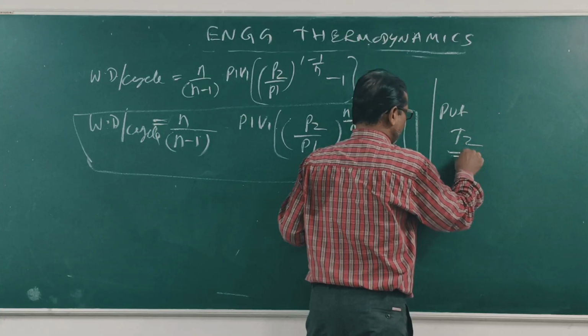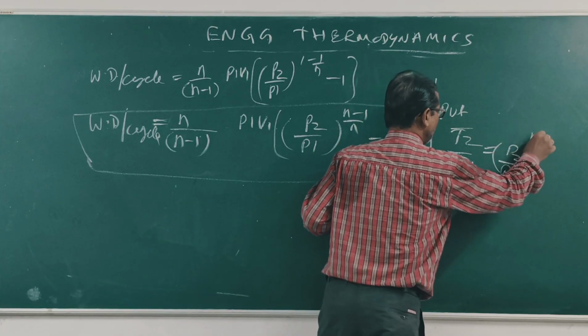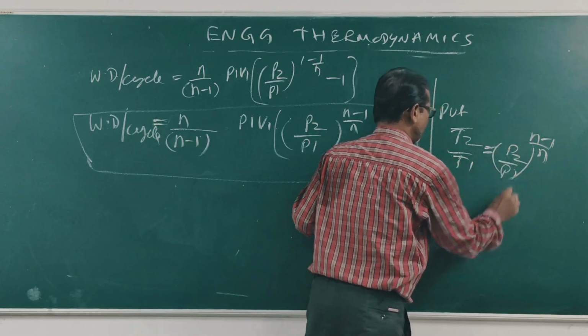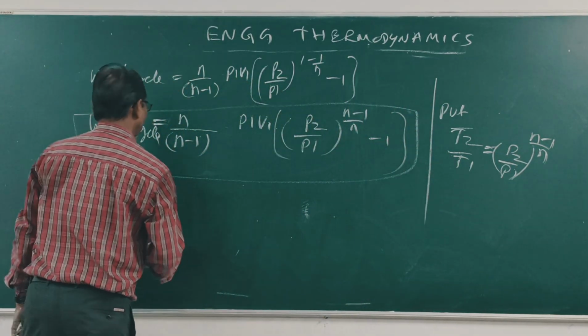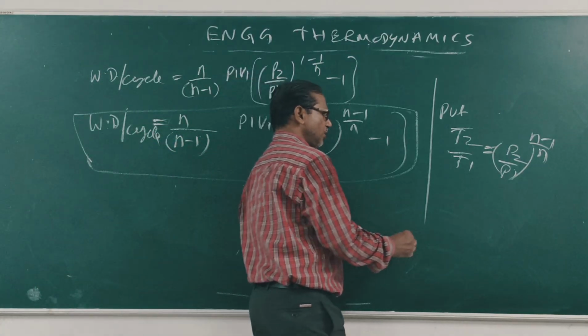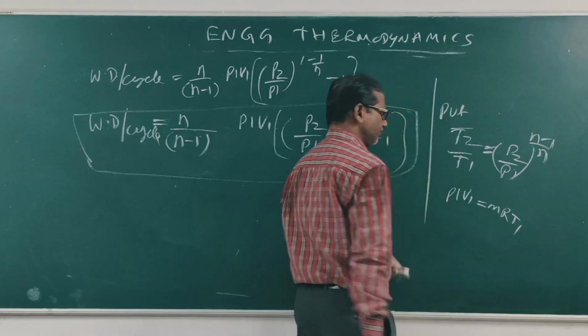Put T2 by T1 is equal to P2 by P1 to the power of n minus 1 by n. Put this value here. And also put P1 V1 is equal to m R T1.